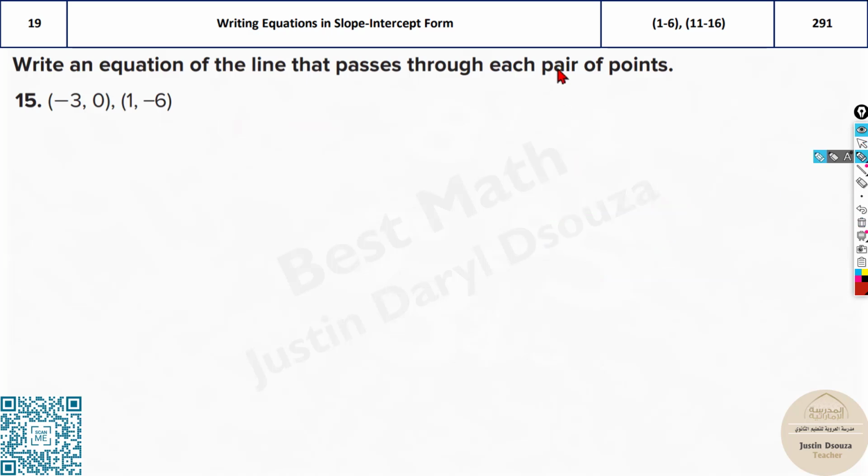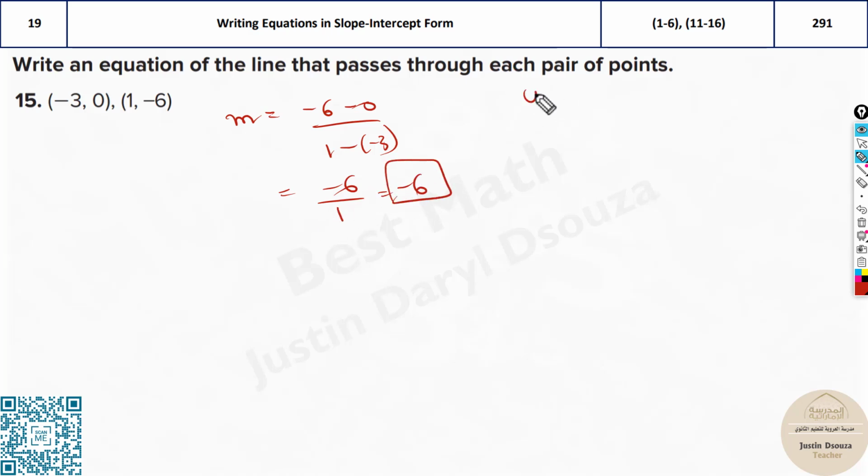And the penultimate problem, m will be equal to minus 6 minus 0 divided by 1 minus of minus 3. The answer is minus 6 by 1. 3 minus and minus will be plus 3. 3 plus 1 is 1. So the answer is minus 6. And in the point slope form, we'll write y minus 0 equals minus 6 multiplied by x minus of minus 3.